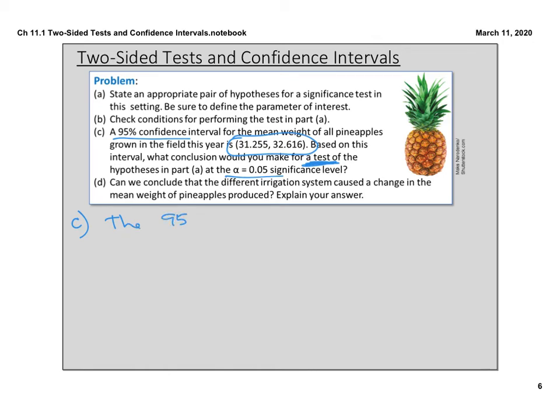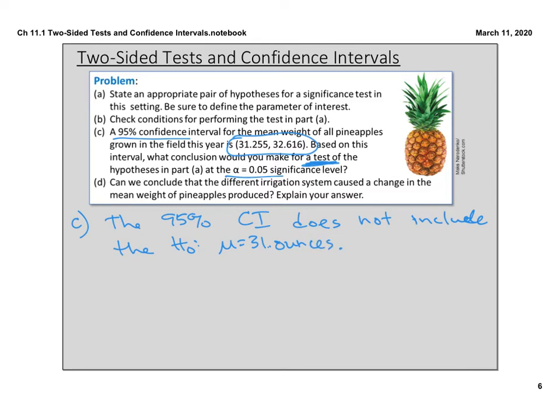The 95% confidence interval does not include the null. I should probably put ounces there, 31 ounces.